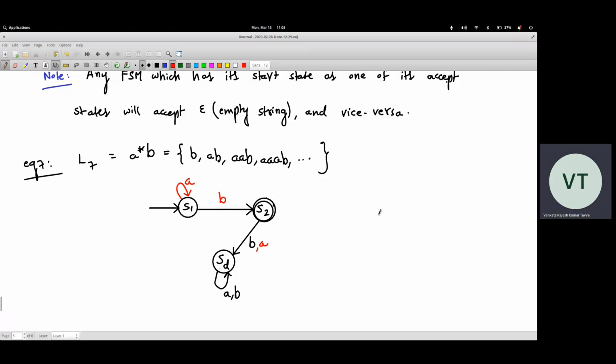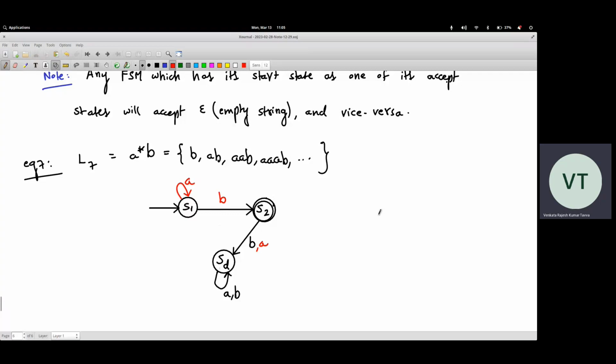Even if you see 1 A, there should be no difference. Even if you see 10 A's, there should be no difference. So, you just remain in S1. It is not changing the state. What matters is whether you have seen a B or not. You have seen no B's or you have seen one B. So S1 means you have seen no B's. S2 means you have seen one B.